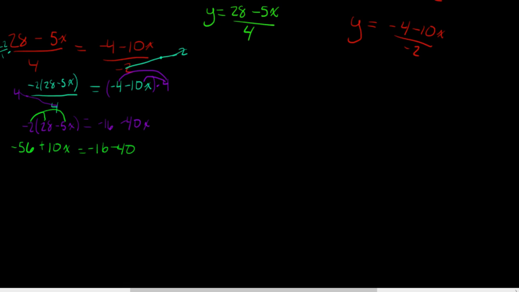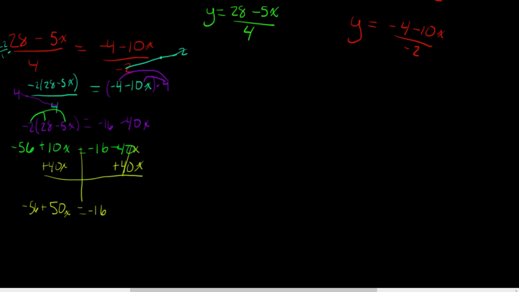Oops, there should be an x there. And since I'm on this side already, I'll go ahead and add 40x to both sides. On the right side, those will cancel, and I'm left with negative 16. And on the left side, 10x plus 40x is 50x, and I'll bring down the rest of this.